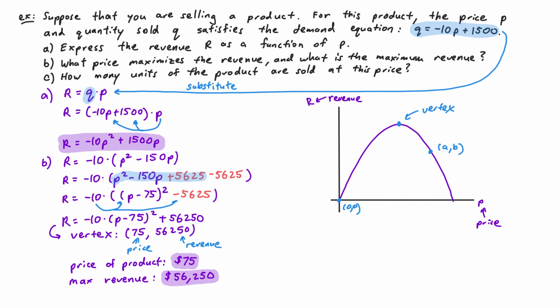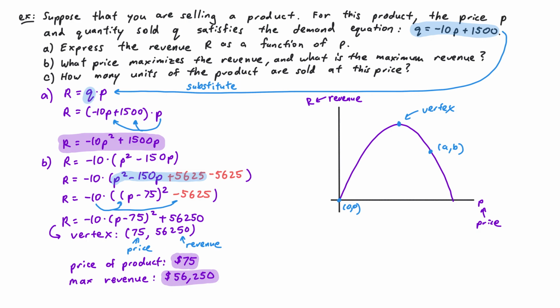And now all that's left is part C of our problem. In part C, we want to determine how many units of our product will be sold at this price. So essentially, we want to determine our Q. Now, from the beginning, we have this relationship that revenue is equal to quantity sold times the price.